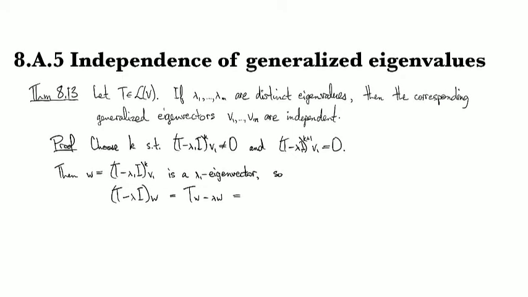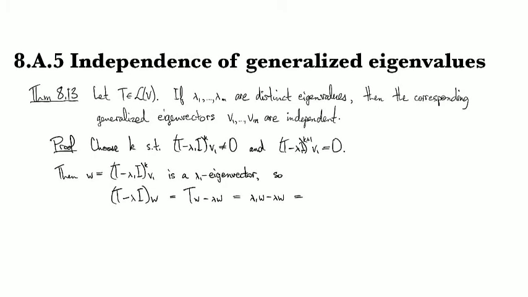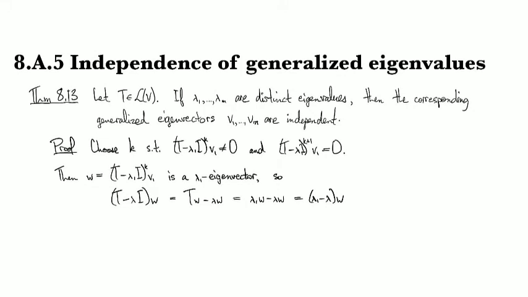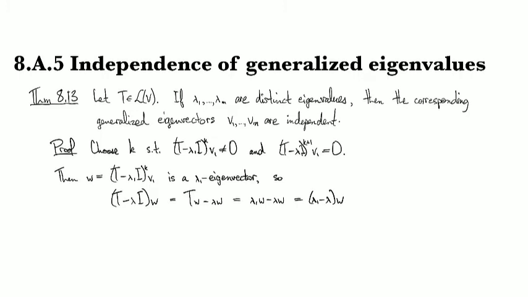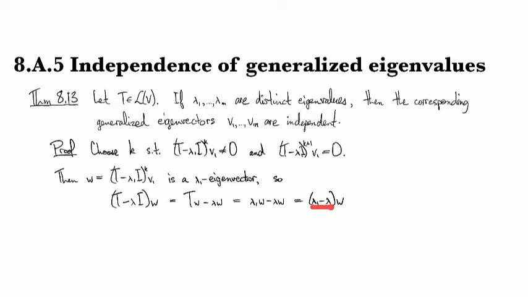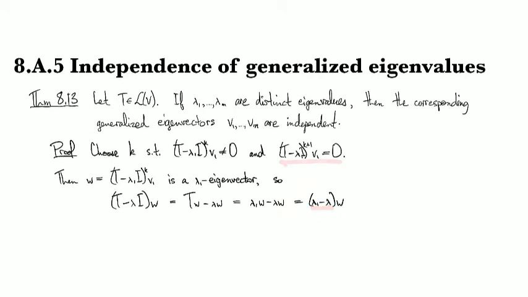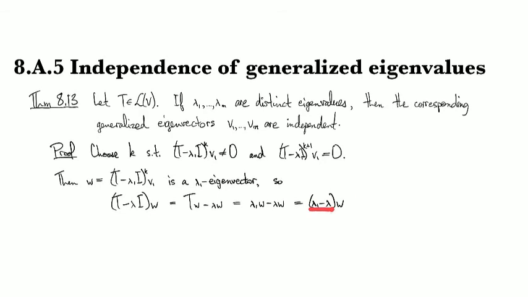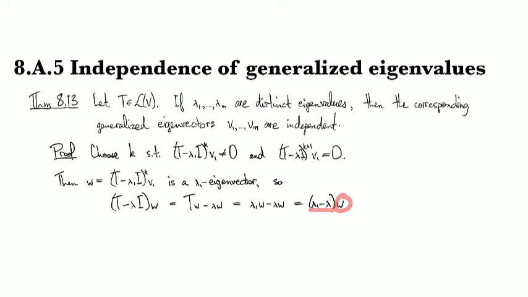Now since w is a lambda 1 eigenvector, the first one becomes lambda 1 w. And then I can factor out the w. So this expression is going to be equal to 0 if and only if lambda equals lambda 1. If lambda equals lambda 1, then we get 0 exactly as we should. However, if lambda is not equal to lambda 1, then this is not 0, and w is not 0, because we said so back here.